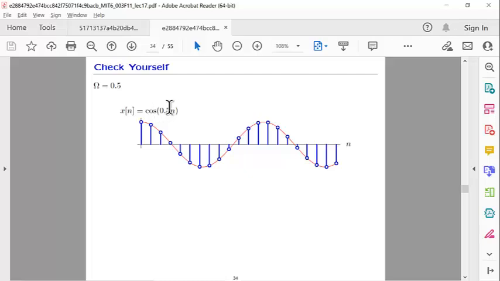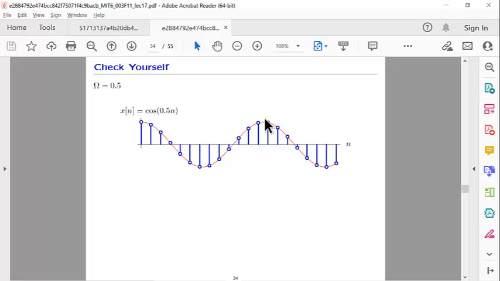The period of this function occurs when 0.5 n equals 2 pi. Now 2 pi is roughly 6, so 0.5 n equals 2 pi means n is roughly 12. You can count 1, 2, 3, 4, 6, 7, 8, 9, 10, 11, 12. So the period is roughly 12.